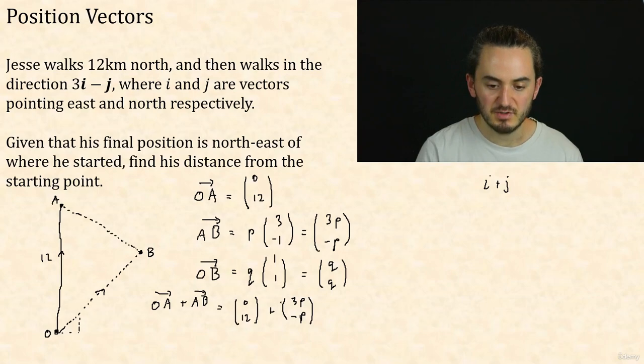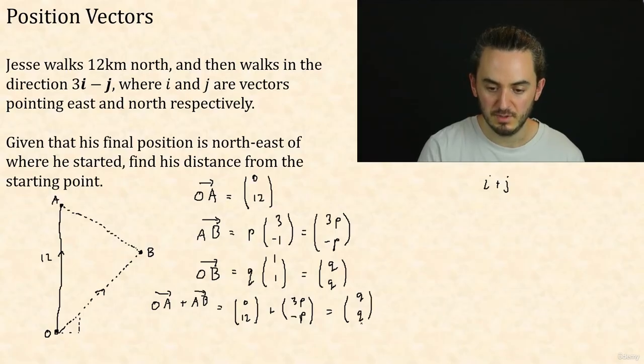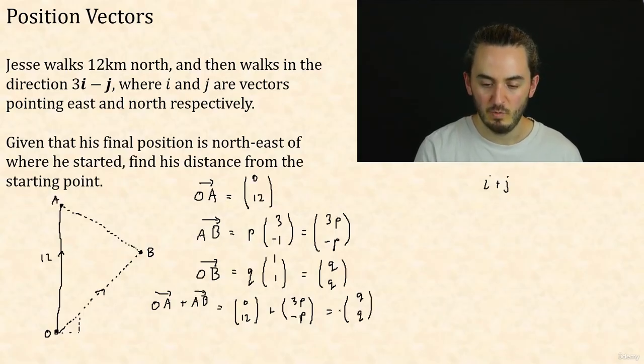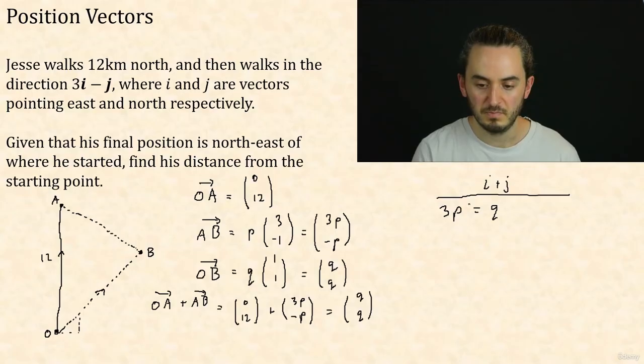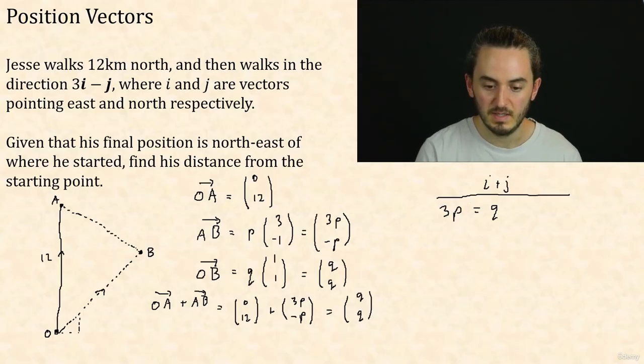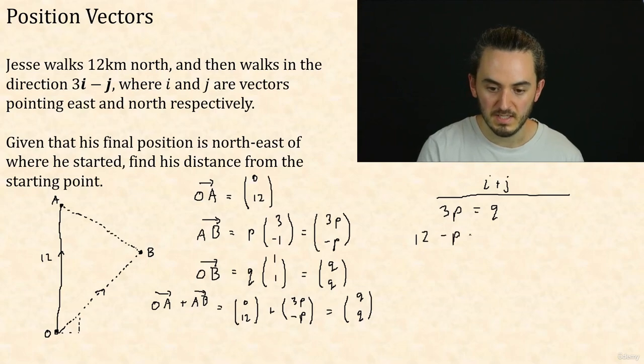But this must be the same as just going directly from O to B, which is q, q, or some amount along and the same amount up. What we've got here, of course, is simultaneous equations, and we're going to use comparing coefficients. If I look at the i component, I can see that 0 plus 3p must equal q, because the i components have to be the same. And if I look at the j components, I can see that 12 minus p must equal q.